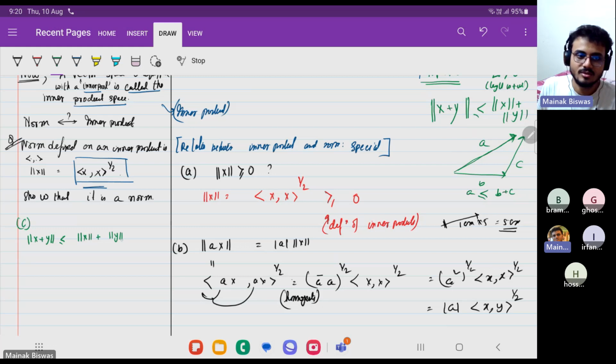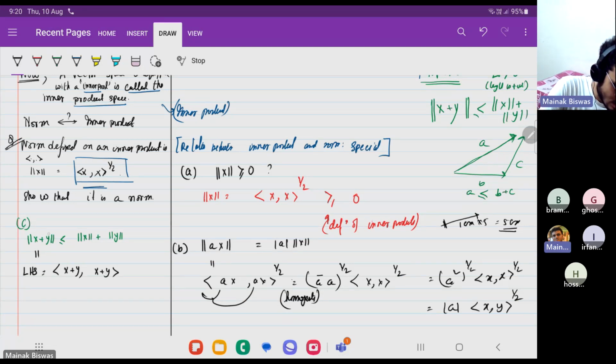How will I prove this? First step, I will start from the LHS. Let's start the easiest way. I'll write the inner product of x plus y comma x plus y. This is the norm of x plus y, let's use squared for the time being. No problem if I use a square, right? This is true.